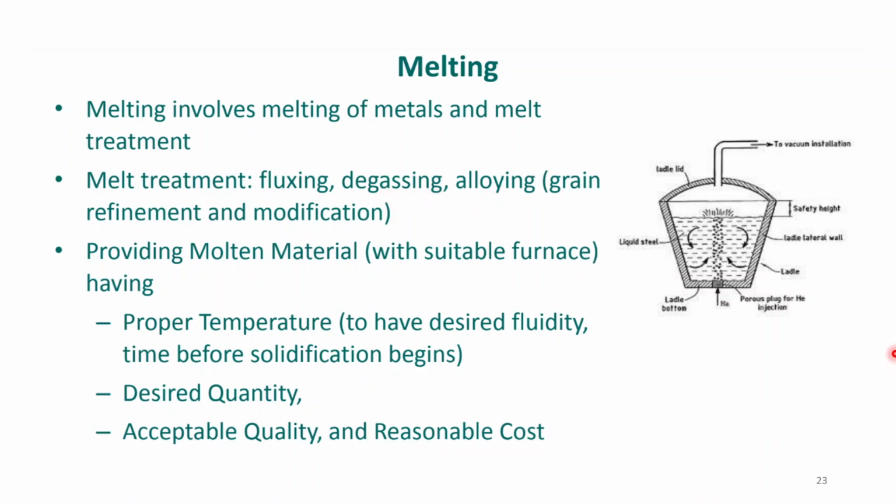In case of degassing, you remove any gases that might be left inside your molten metal, because at higher temperatures your metal has higher solubility for gases, so there are more gases more likely to get trapped. So degassing is also required, and alloying. For this you provide some alloying elements.